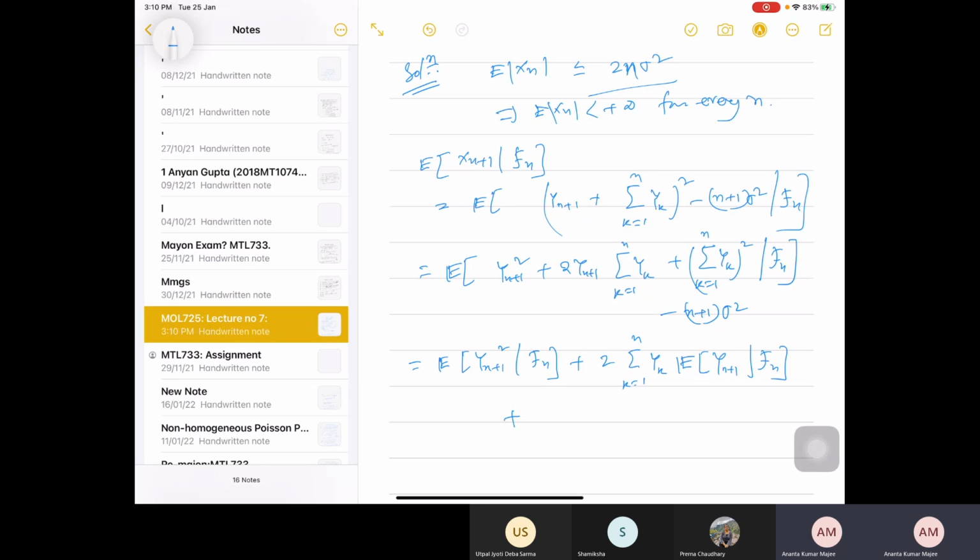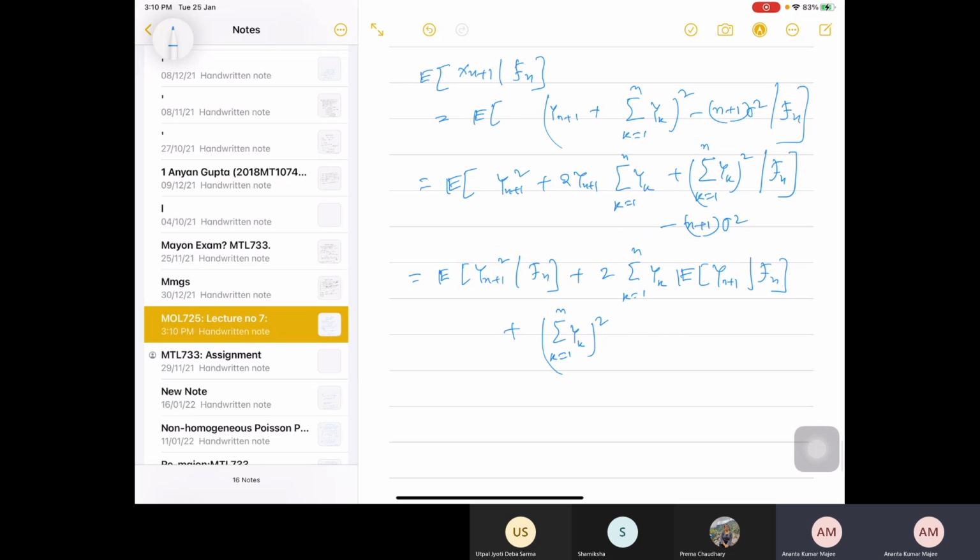These are all F_n measurable, so I have the summation over k equal to 1 to n of Y_k, that squared, minus (n plus 1) sigma squared. So now, what is this part? I can write down the expectation.